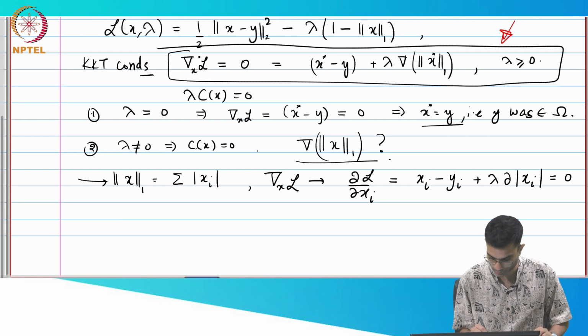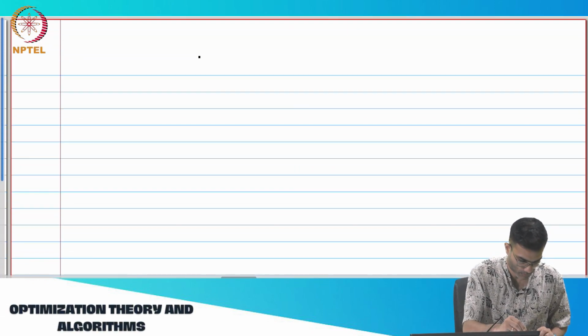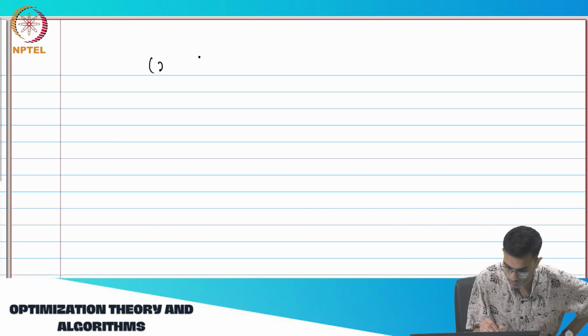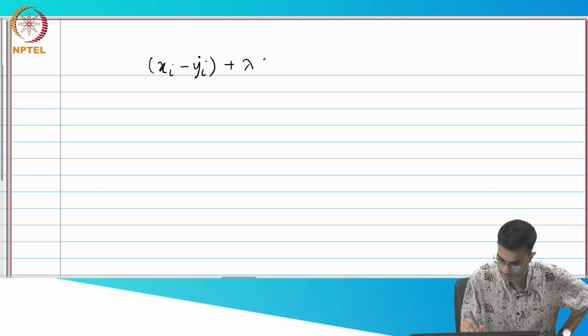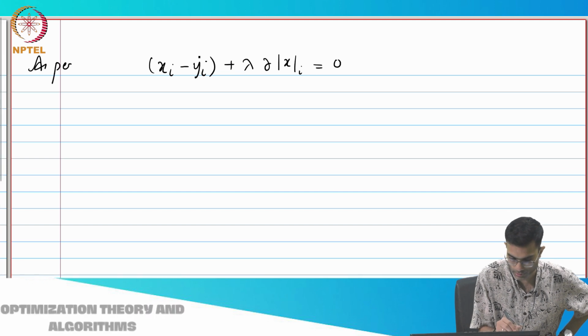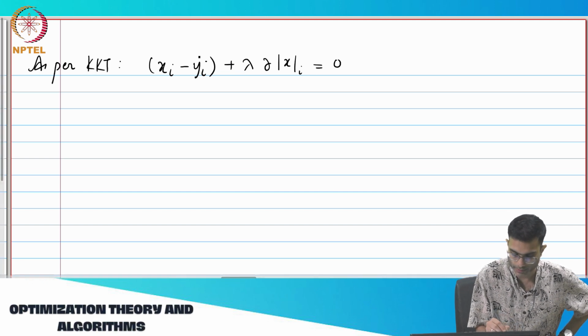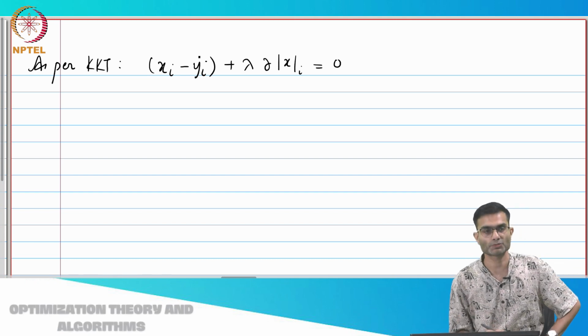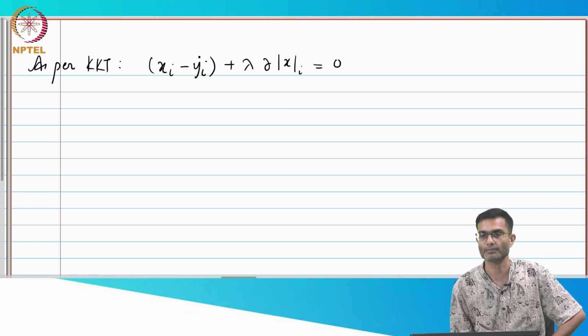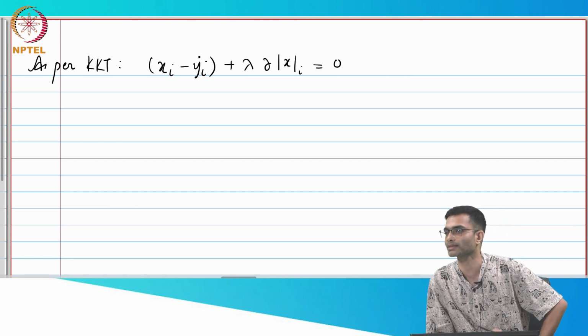Okay, maybe we'll go to the next page. I'll rewrite this on the top: xi minus yi plus lambda times the subdifferential of mod xi equal to 0, as per KKT. Now we can split this, because mod xi has trouble only at xi equal to 0.